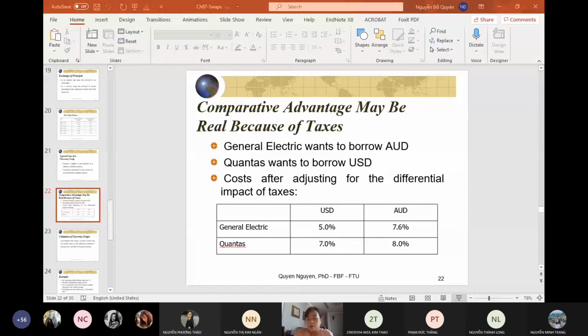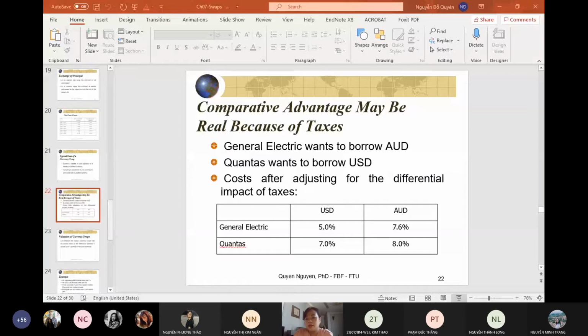Now, what we are going to do is we assume that the financial institution will be in between, right? And will receive 0.2. Is that 0.2 as you assumed as the commission, right? Then this would be equal to 1.4, right?